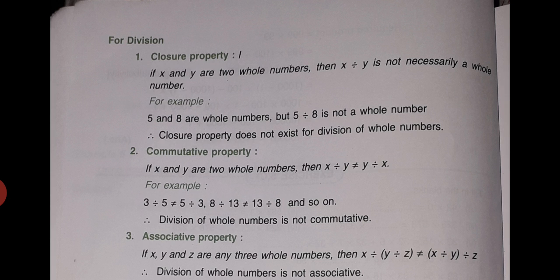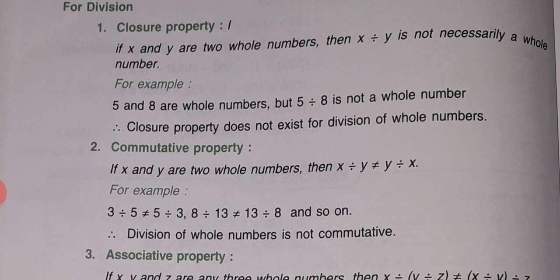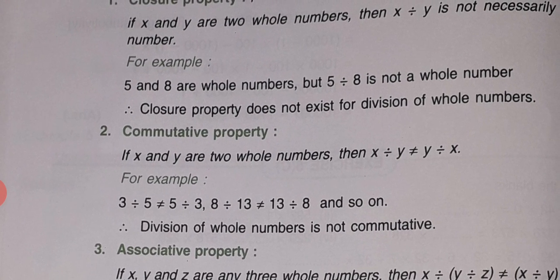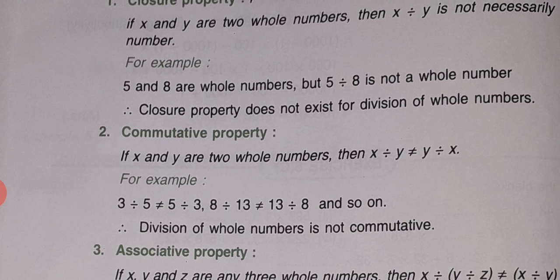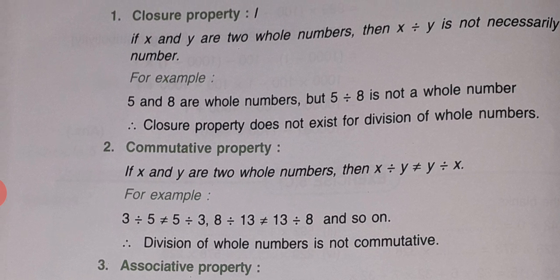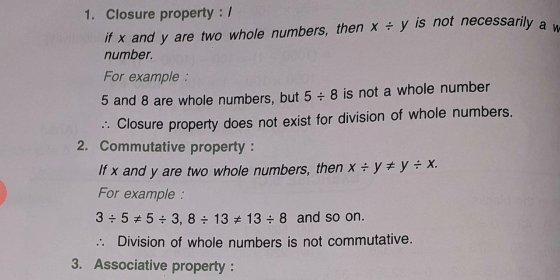This is a whole number. So for this the property holds. But if you take x as 5 and y as 8, that means 5 divided by 8, you all know this is not a whole number. So for this the closure property does not hold. So we can say closure property does not exist for division of whole numbers.